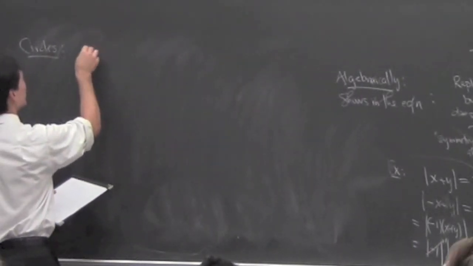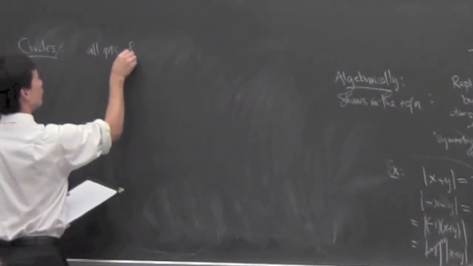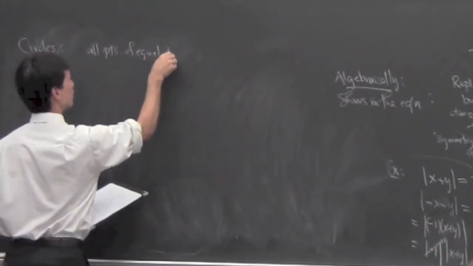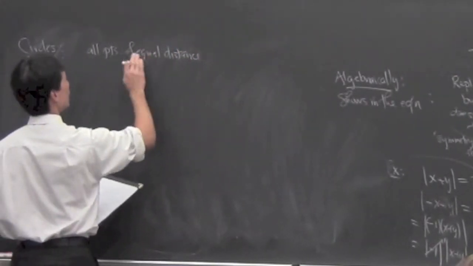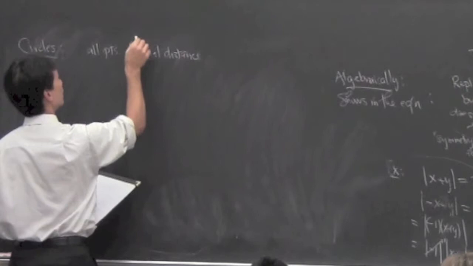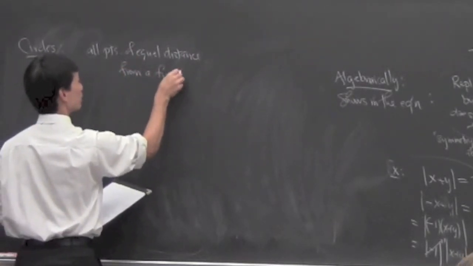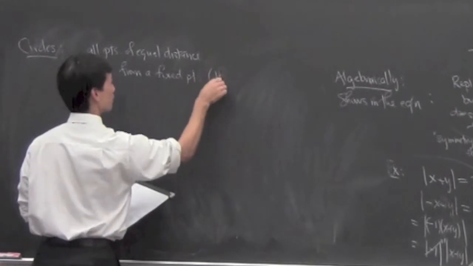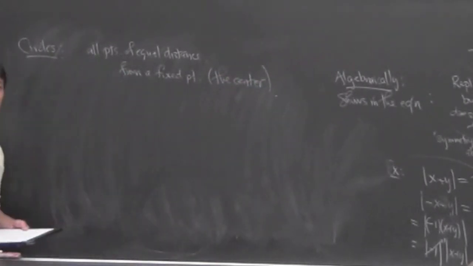It's a collection of points. It's all points of equal distance, some same fixed distance from a fixed point, the center. That's how you describe it in English.